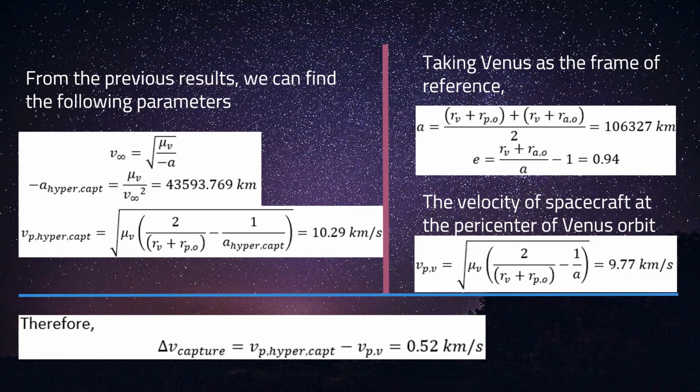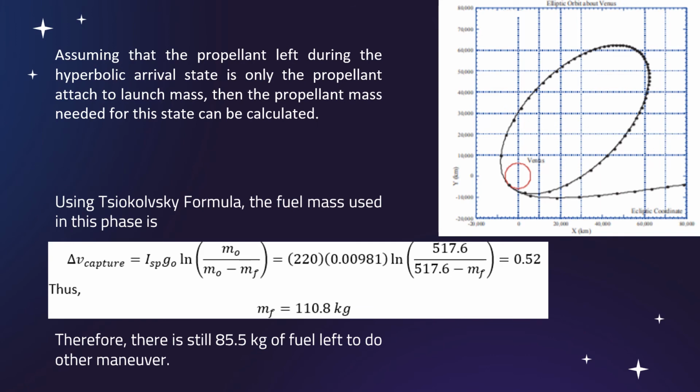Therefore, the capture velocity will equal 0.52 km per second. On the top right side, we have the illustration of the hyperbolic arrival trajectory and the Venus orbit by Akatsuki.